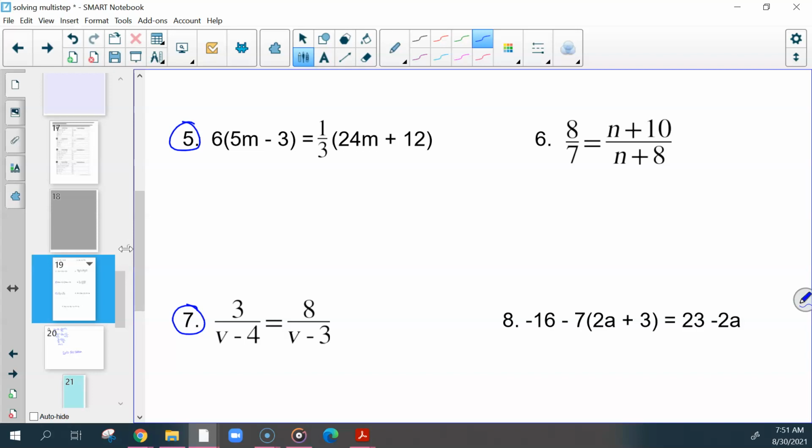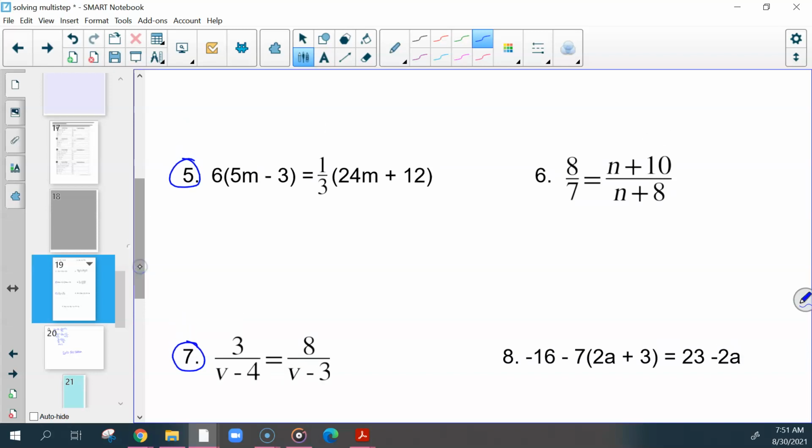If you wanted to get rid of the fraction, you could also multiply by something to get rid of that as well. When we multiply this 1/3, everything here, instead of thinking about it as 1/3 times 24m and 1/3 times 12, think about it as 24 divided by 3 and 12 divided by 3.